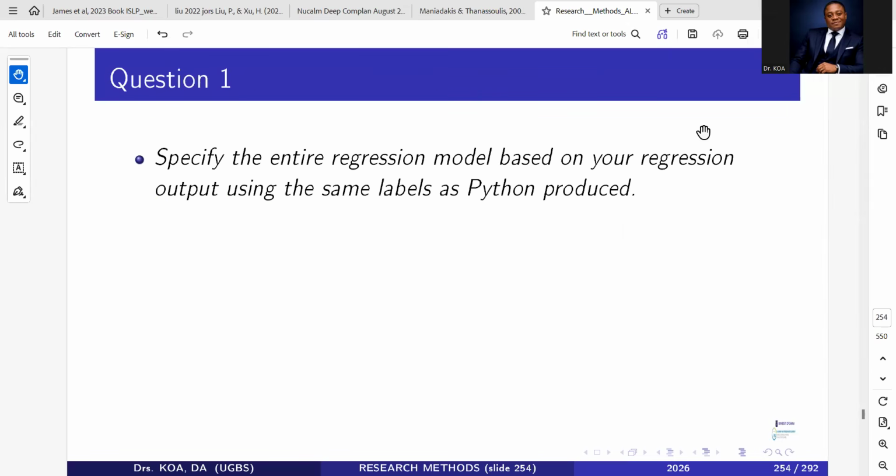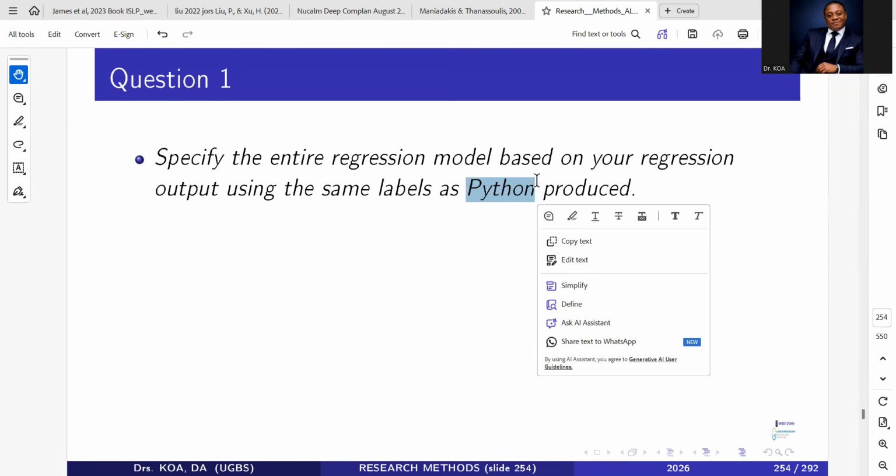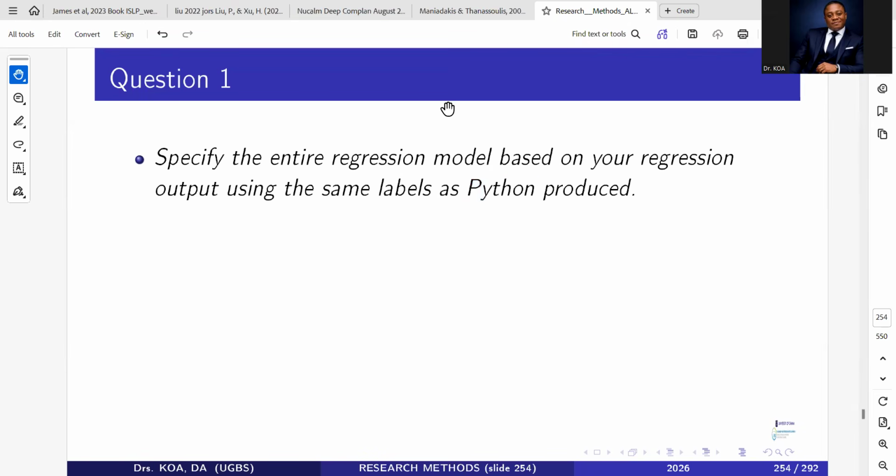This is the first question. Write it down, please: specify the entire regression model based on your regression results using the same labels as R. So this is not Python, this is R. Write it down because you will get a similar one like this.